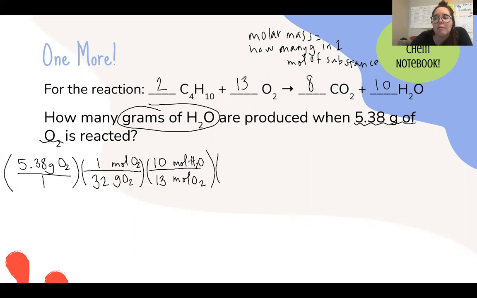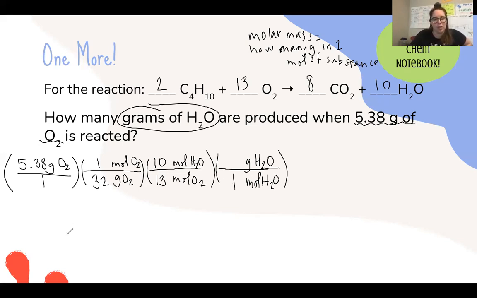But I don't want my answer in moles of H2O. I want my answer in grams of H2O. So what we need to do is use the molar mass. I know that whatever I want needs to go on the top of my parentheses, and what I want to cancel out goes on the bottom. And I know that molar mass is the mass in 1 mole, so I can already put 1 mole of water at the bottom.